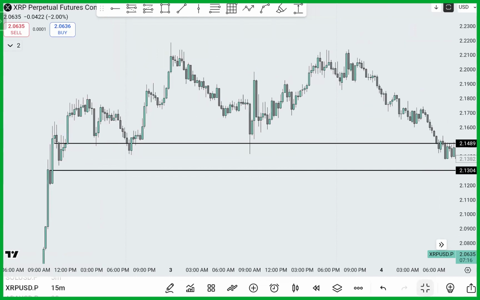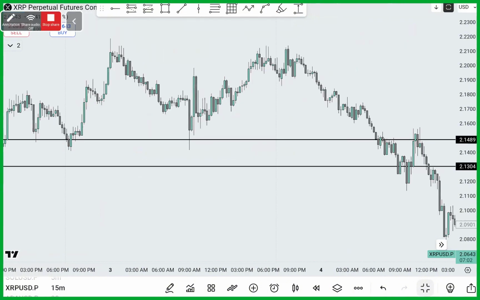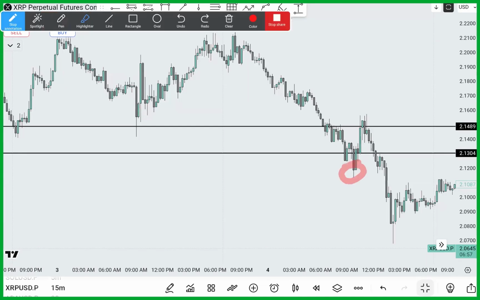You can see how price taps into it, taps into it, you get it so frequently. So that is one of the scenarios. Immediately it inverts here by a body close below. It uses this now as a resistance, and price now continues downward.